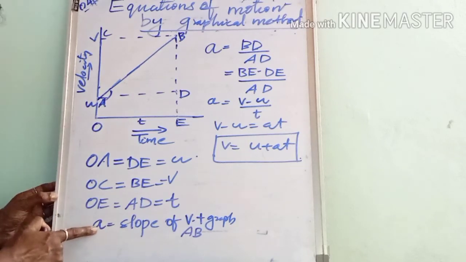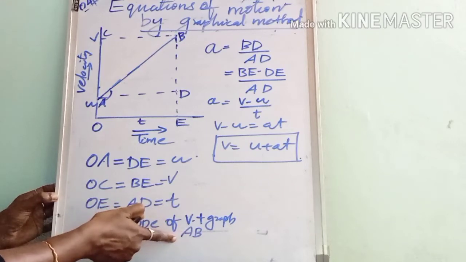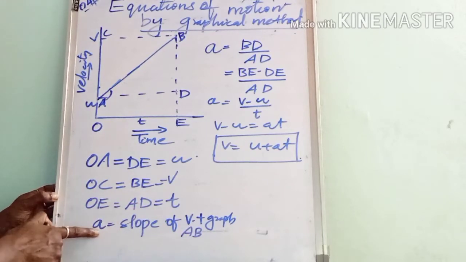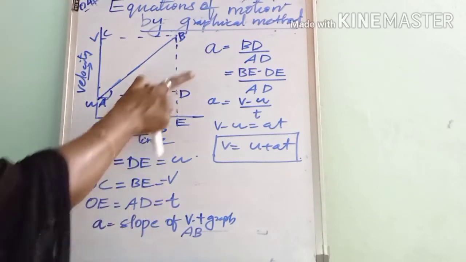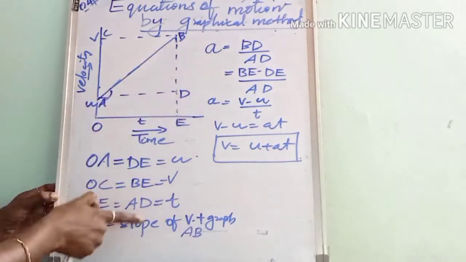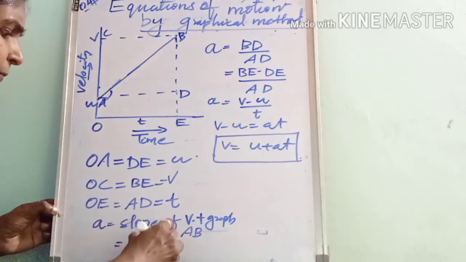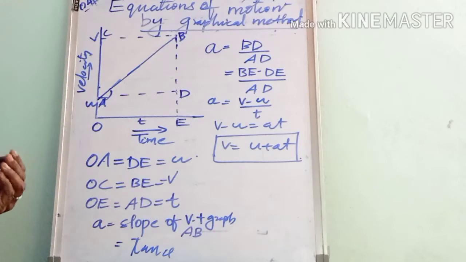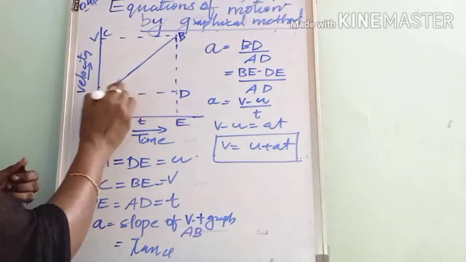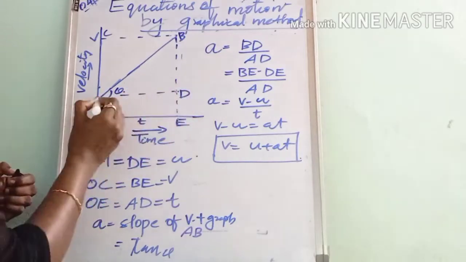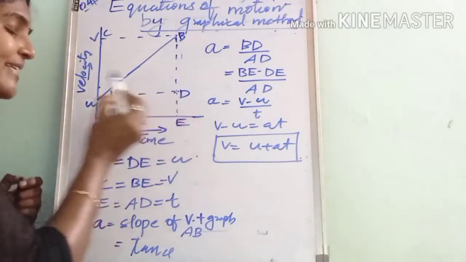So we can write acceleration A is equal to the slope of velocity time graph AB. The slope of the velocity time graph is equal to tan theta, and tan theta is equal to BD divided by AD, opposite side by adjacent side.